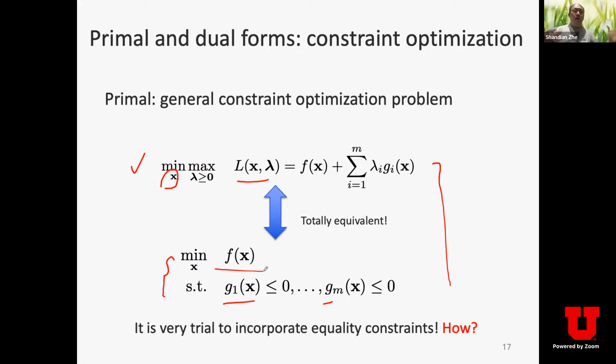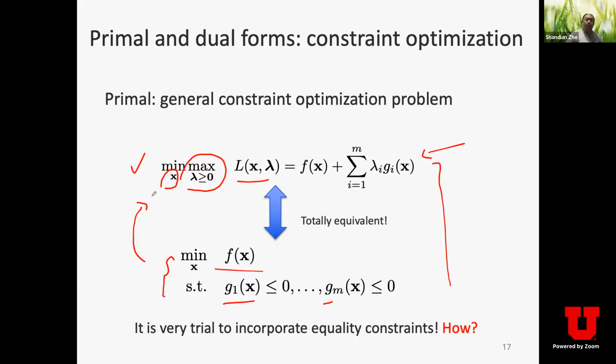But if you can convert it to a minimax optimization problem, you don't need to worry about whether your x violates the constraints. It's a free optimization problem. You only need to add an additional non-negative constraint over lambda, which is just bigger than or equal to 0. And this is much easier to deal with. That's why in practice, when you have a very complicated constraint optimization problem, people often seek a minimax optimization problem to solve it instead.